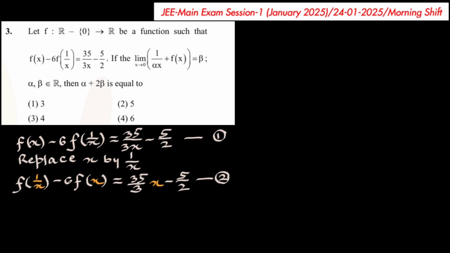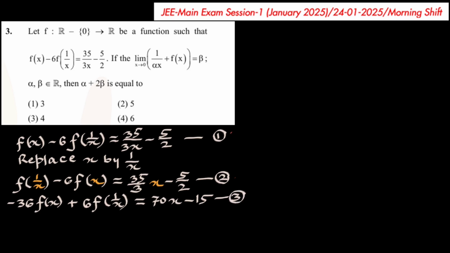Now in order to eliminate this f of 1 upon x, we will multiply this second equation by 6. So it becomes minus 36 f of x plus 6 f of 1 upon x equals 70x minus 15. We name this 3.